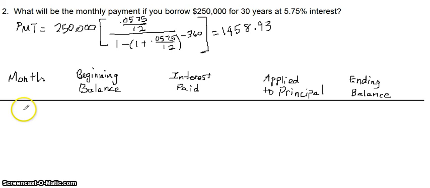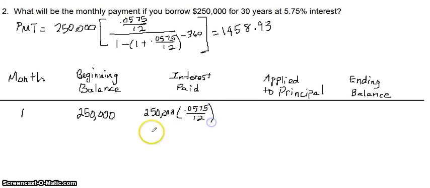So let's start with month 1, and we'll use the example that we started with in the first half. The beginning balance there is $250,000. Each month you're going to pay interest, and the interest amount is based on the periodic interest rate. So the interest paid is going to be $250,000 times the periodic interest rate, which is 0.0575 over 12.